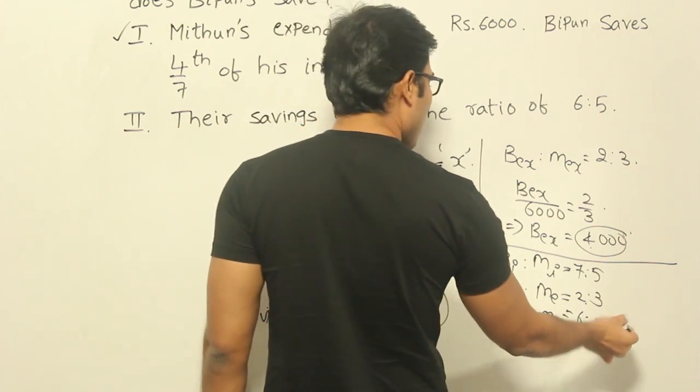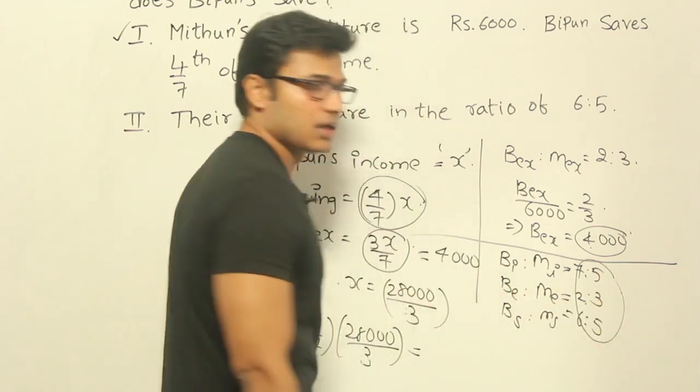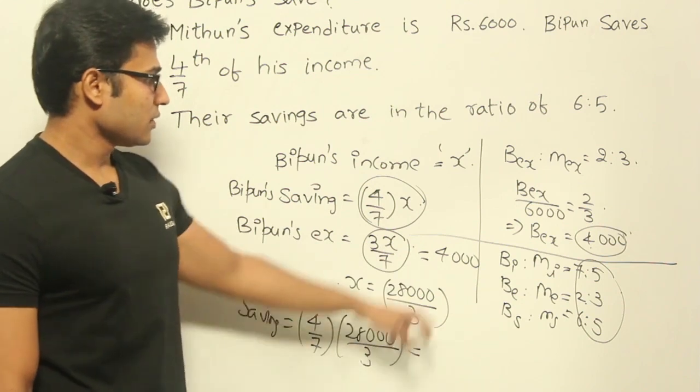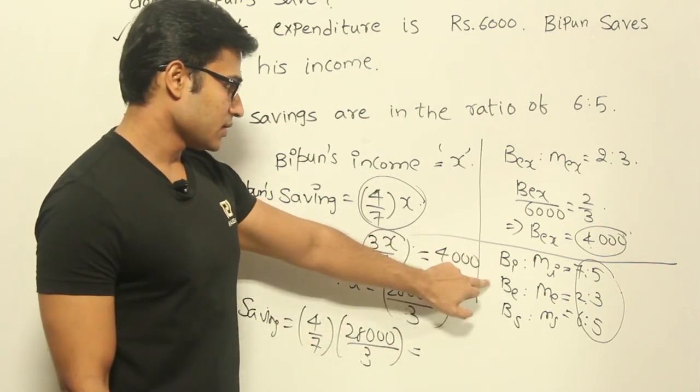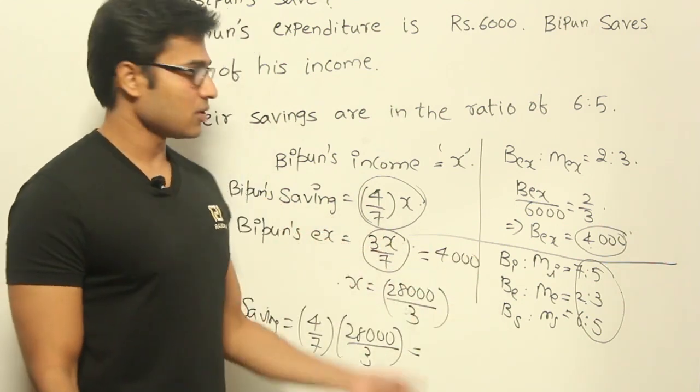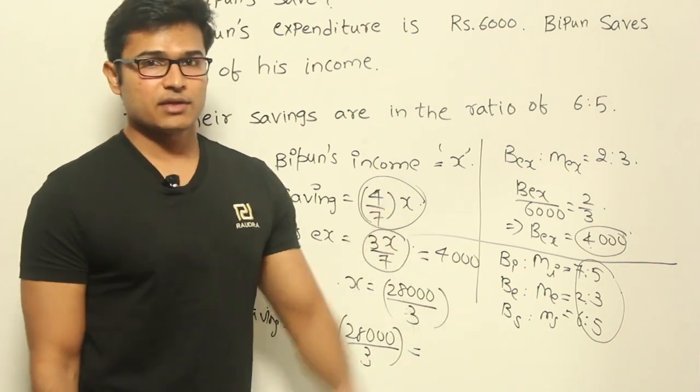Now if you observe it, all are given in ratios, right? If you try to use the equation income minus expenditure equals savings, then you are going to get 2 equations and 3 variables.